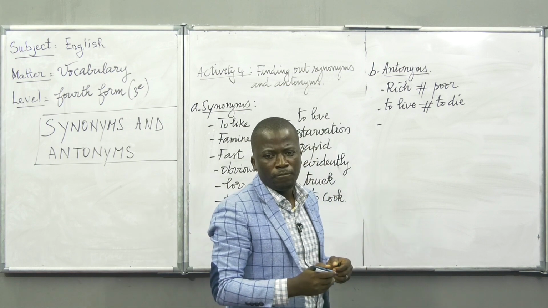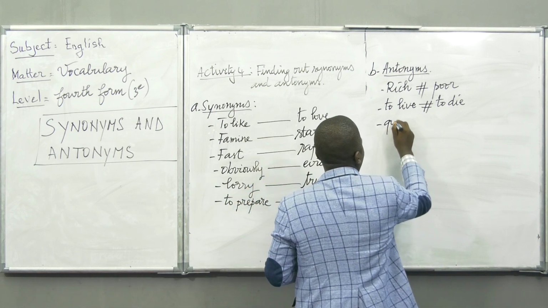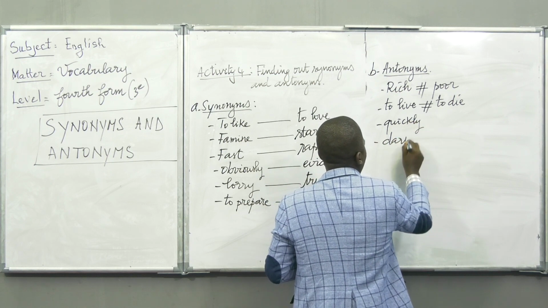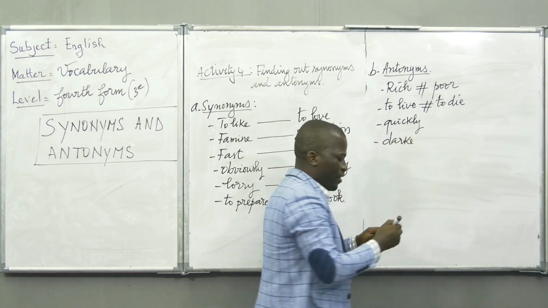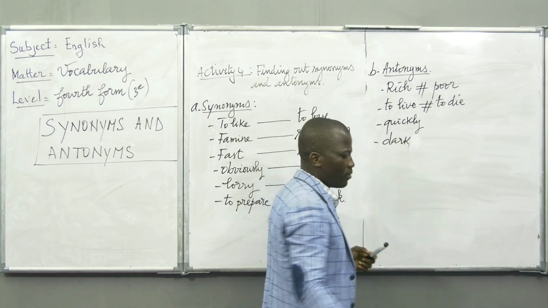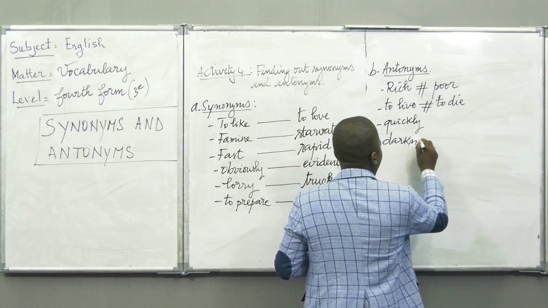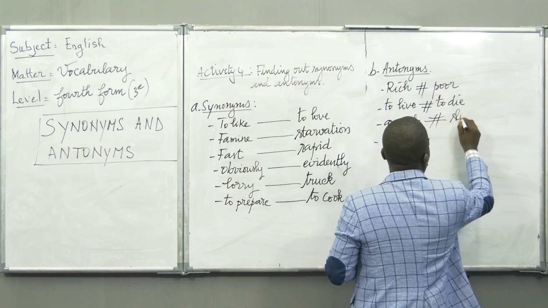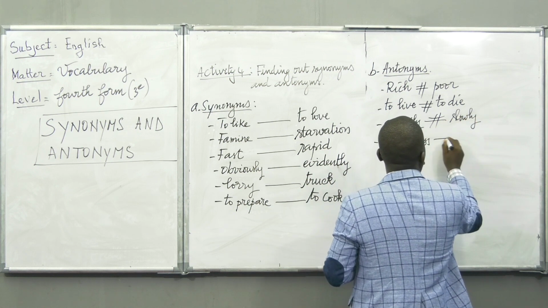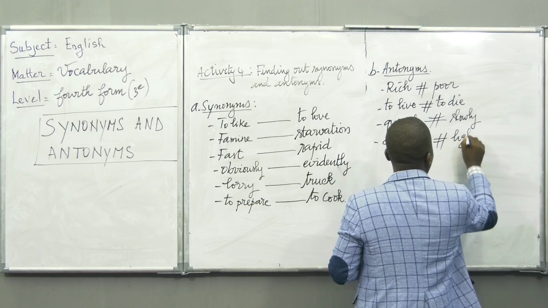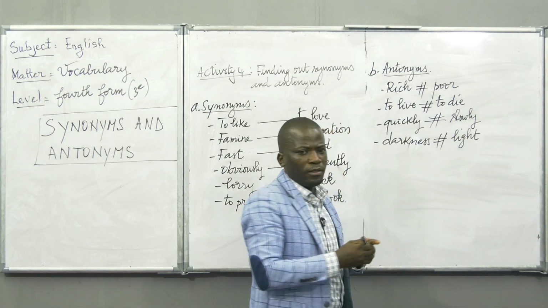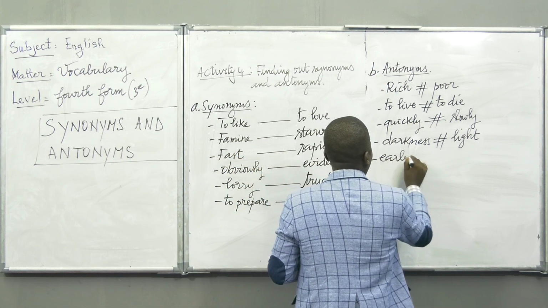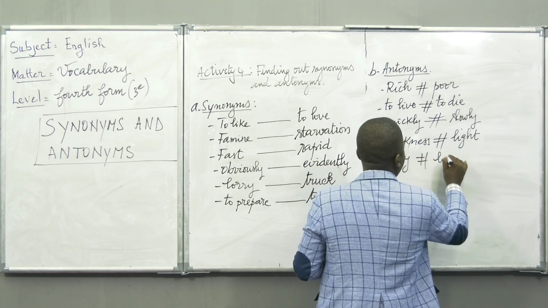Another one: quickly, the contrary is slowly. Darkness, the contrary is light. Early, the contrary is late.